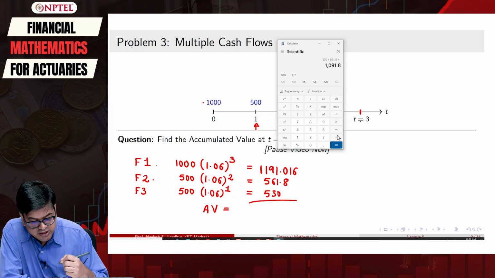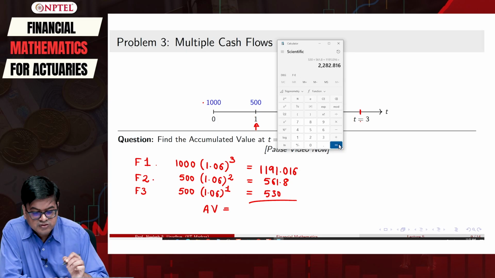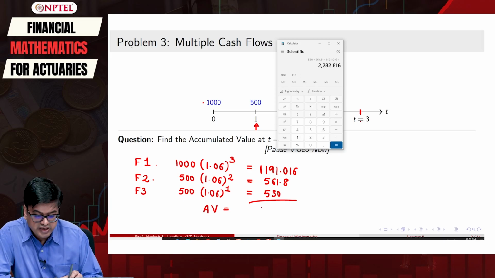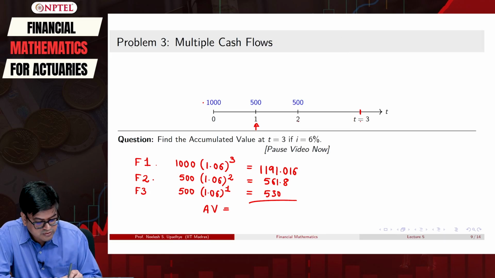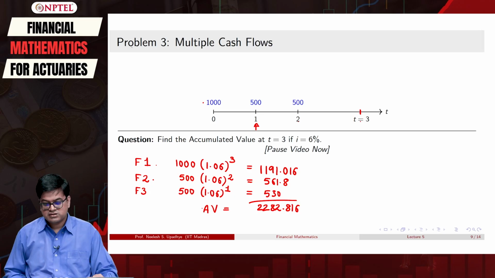Here I can optimally use the memory function also. Plus 1191.016, which will give me 2282.816. So this is one way to figure out the answer.